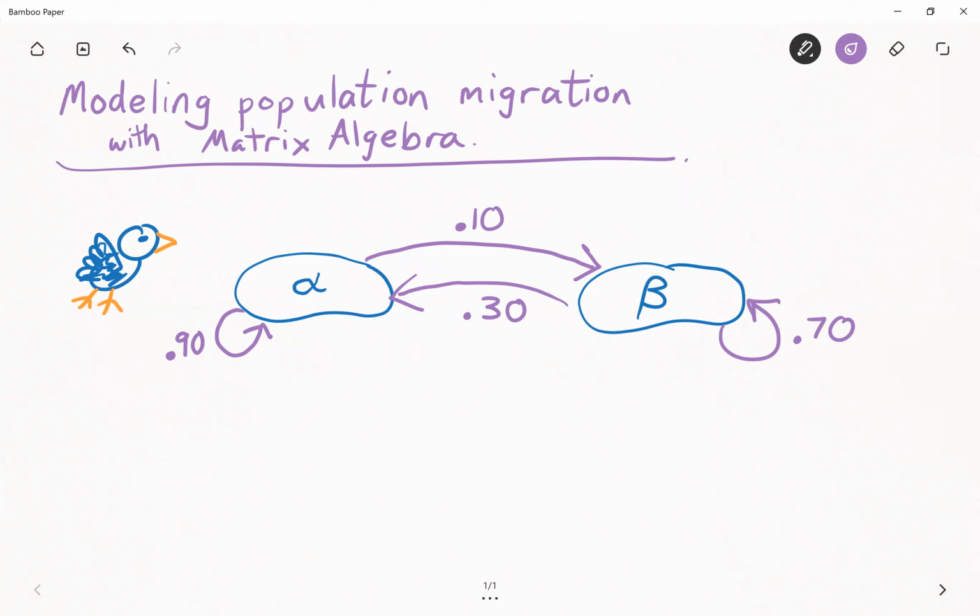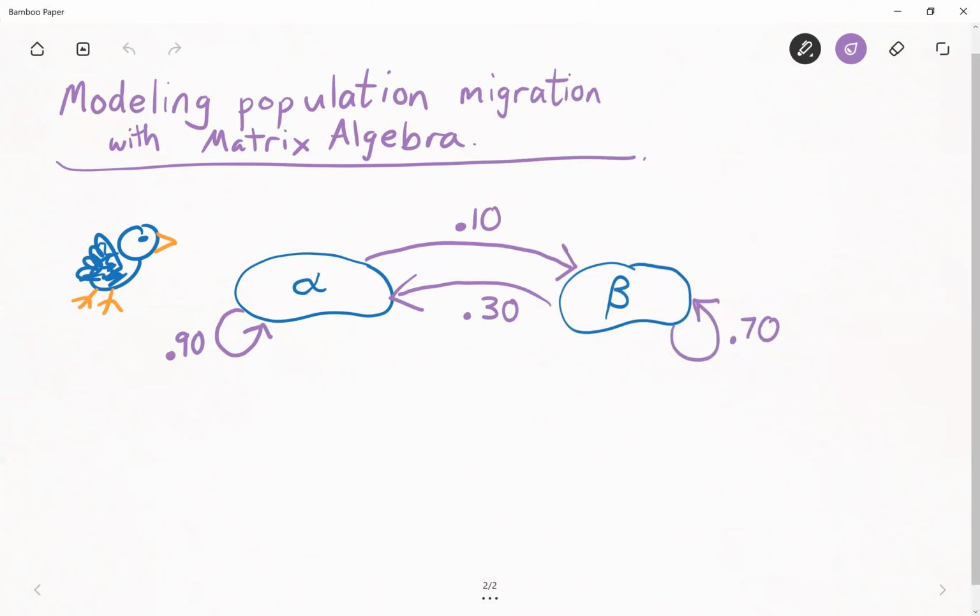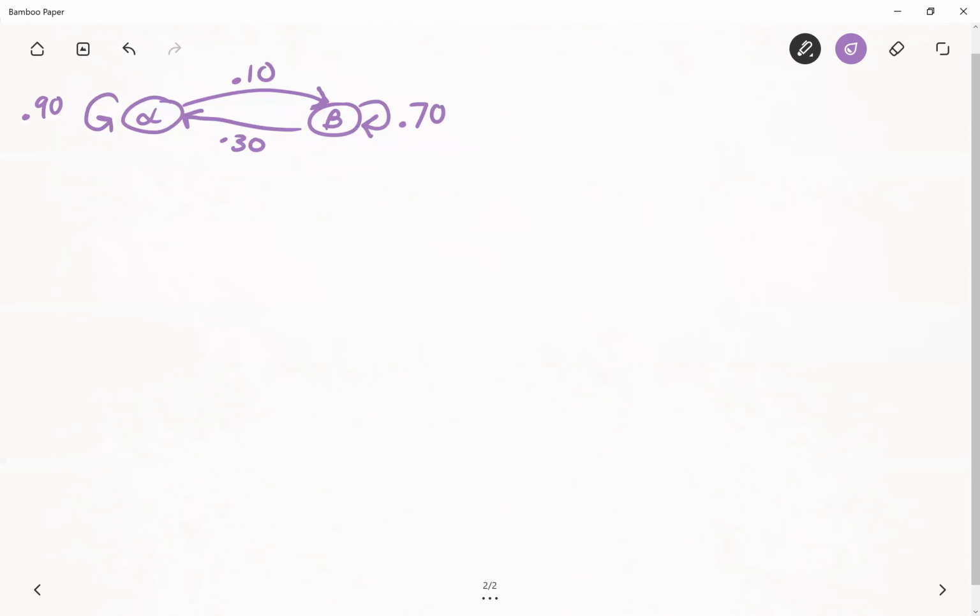We're going to create a mathematical model of this. I'm going to go to the next page, and I'm going to redraw the picture up here for convenience. We've got 10% moving from alpha to beta each year, 30% moving from beta to alpha, which means 90% stay in alpha and 70% stay in beta.